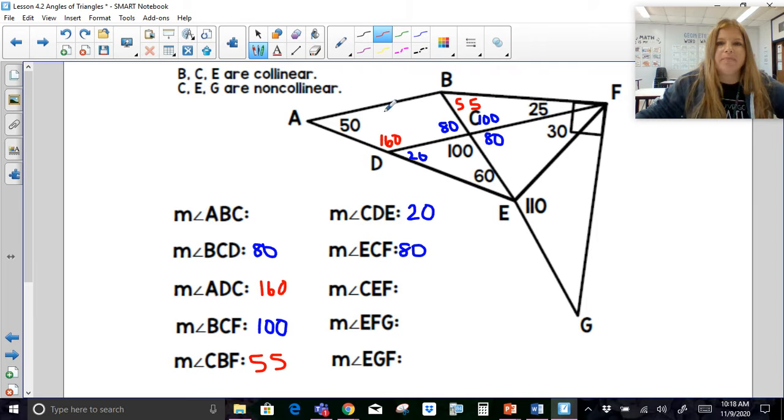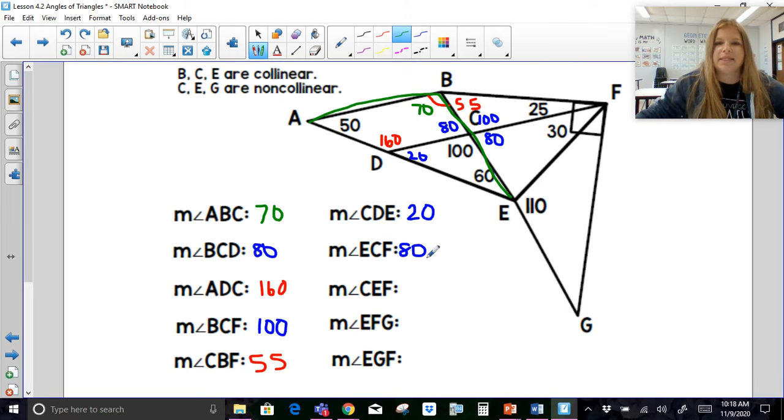Okay, now ABC, take a look. ABC, this angle here, it's part of this bigger triangle of ABE. So look, if this is 50 and this is 60, that adds up to 110, which means that this angle here must be 70. Because again, I'm looking at the bigger triangle and it's got two angles of 50 and 60, so that's 70.